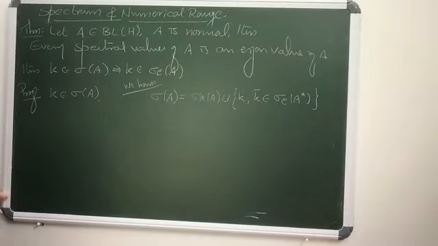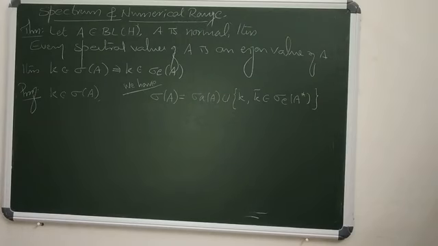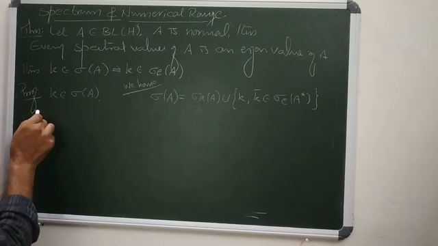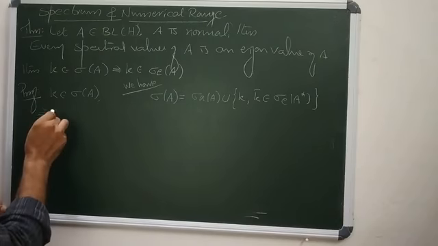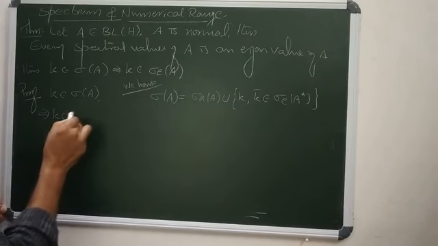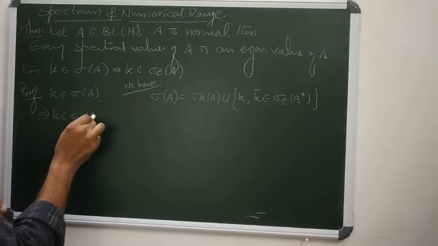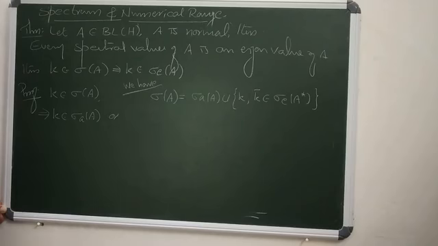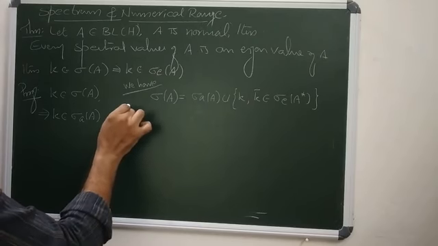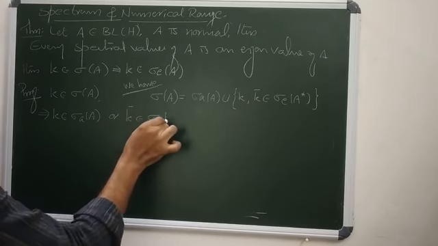This is a well-known result. So when k following sigma A, this means either k following sigma A of A, or k bar following sigma E of A star.